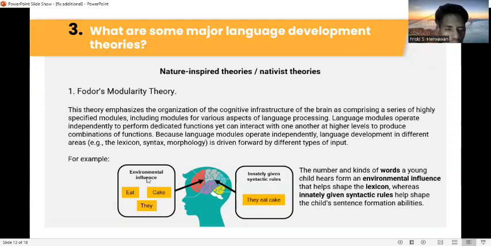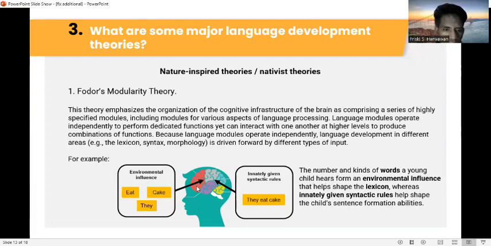For more understanding, let's see the illustration below. This theory believes that humans have an innate ability to coordinate and form sentences by modules that children receive from different types of input.